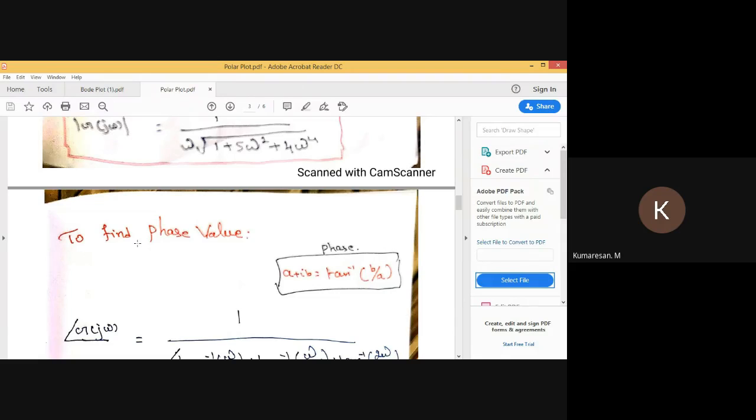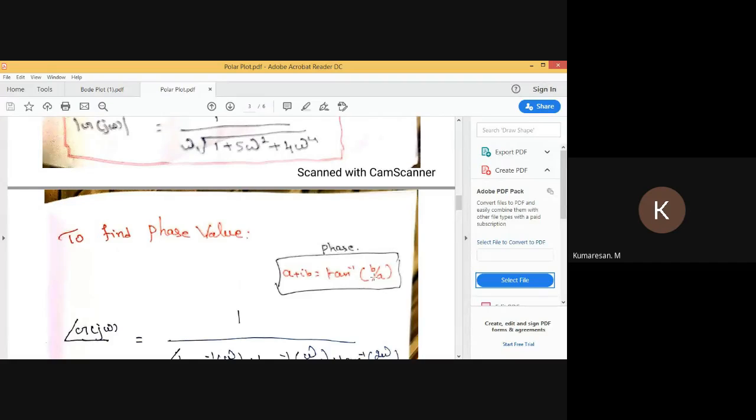Next, to find the phase value: the phase of a plus jb is equal to tan inverse of imaginary divided by real. Imaginary here is nothing but b, real is nothing but a. Now we are going to take the angle of G of j omega.